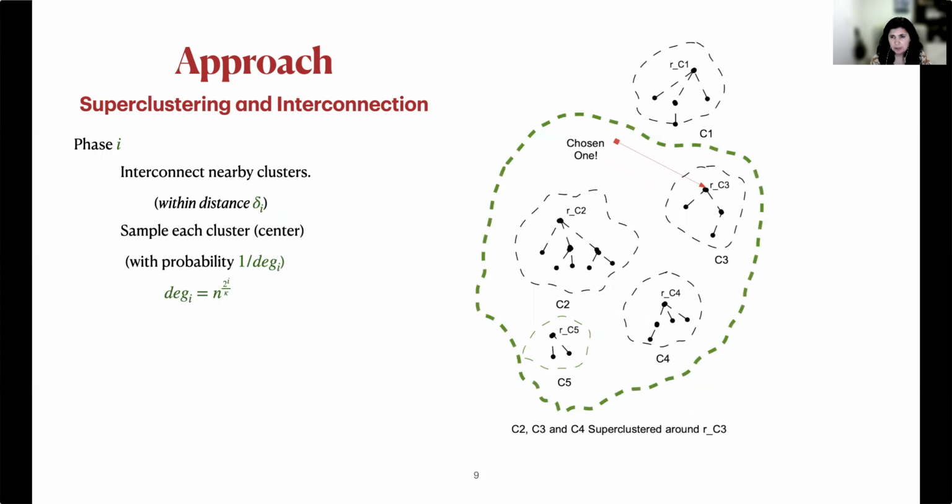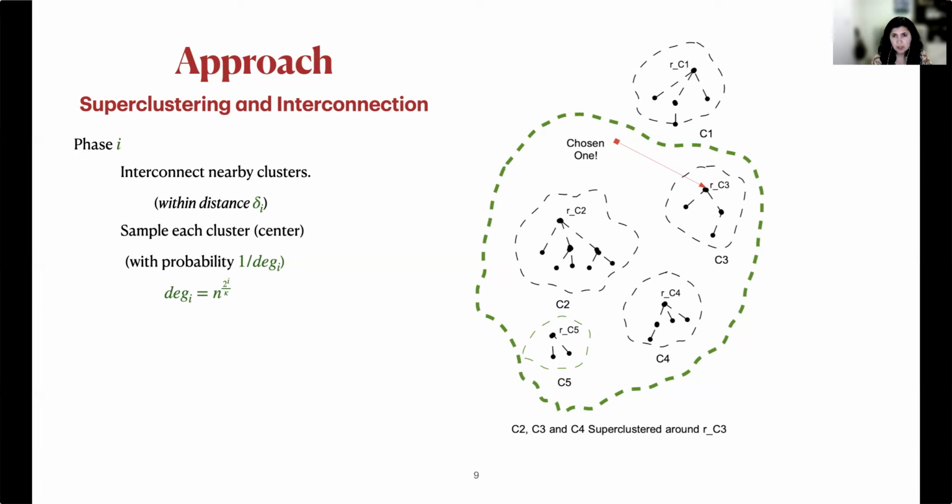So every sampled center does a distance exploration, and then it superclusters all the nearby clusters into itself. So the idea is that if a cluster is very popular, in our case, let's say C2 is very popular because it's close to a lot of other clusters, then one of its nearby clusters, in this case C3, will get sampled and then create a supercluster and supercluster the popular cluster into itself.